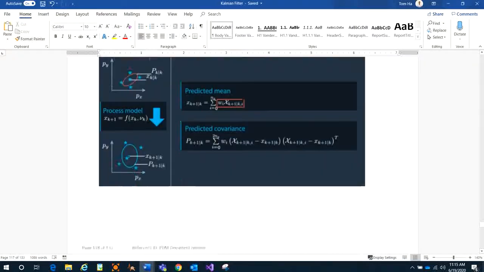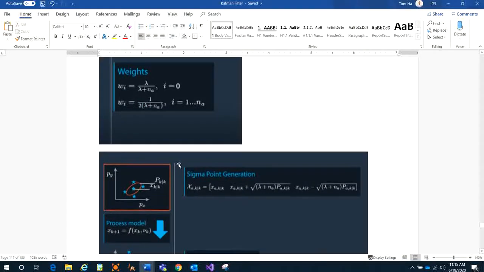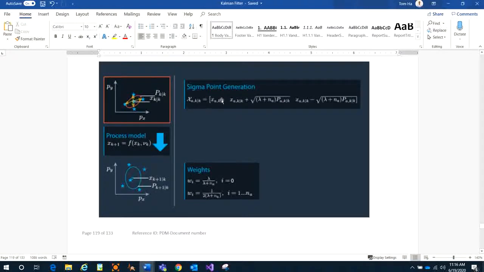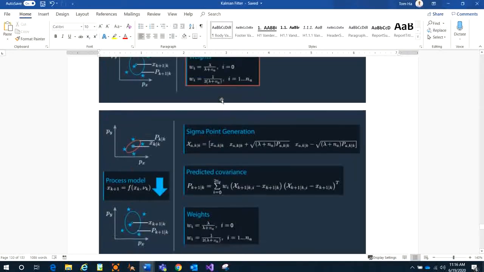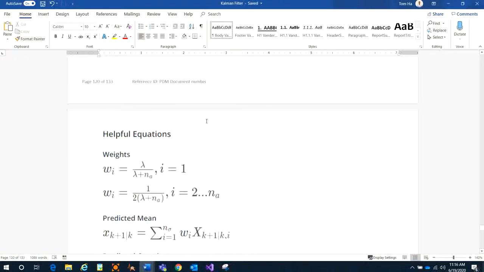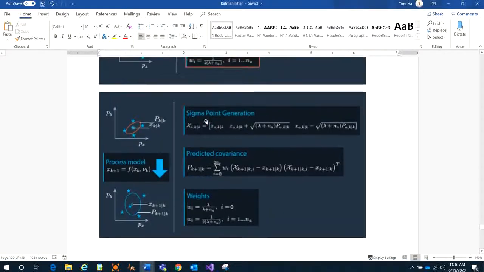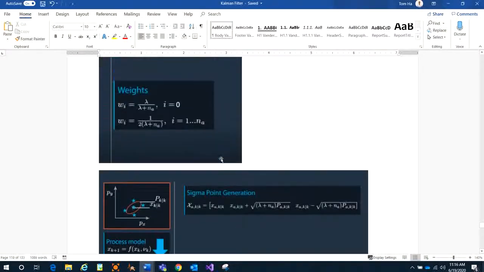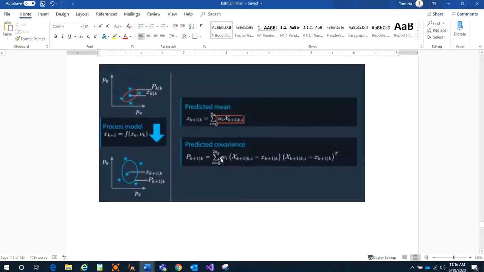You also use the formula right here, and you add the weights and apply the formula to calculate the predicted covariance. You get the predicted mean state and predicted covariance.